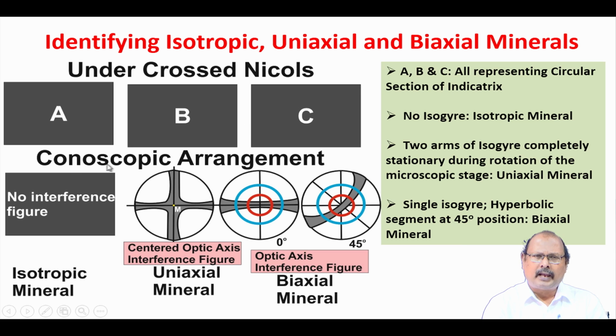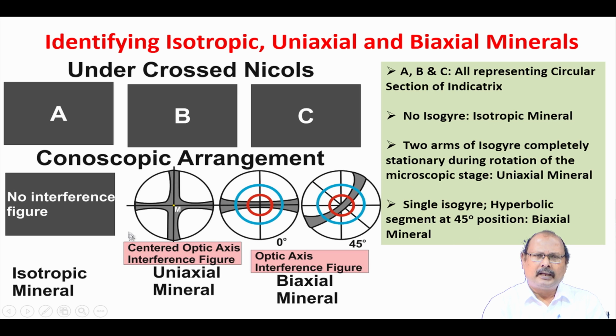So, if you arrange a conoscopic arrangement here, what will happen? For an isotropic mineral you will not see any interference figure, but for a uniaxial mineral you will have a perfectly centered optic axis interference figure, and in that situation the isogyres will remain stationary and will not move from their position during rotation of the microscope stage.